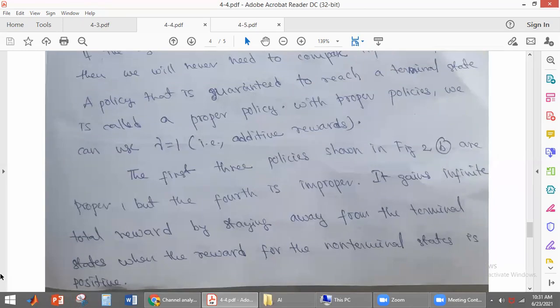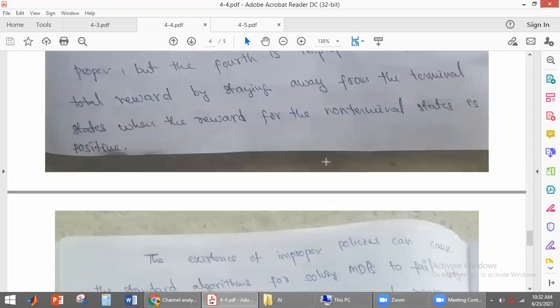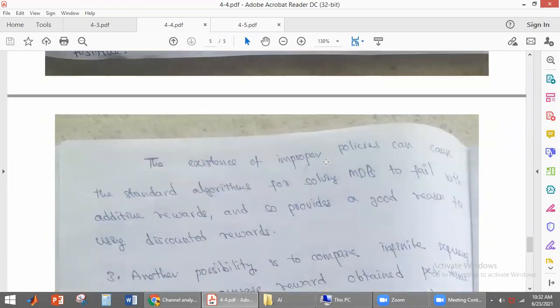In the case of an improper policy, what is an improper policy? The policy does not terminate at the terminal state, then it is called an improper policy. The reward it is receiving is infinite. For example, if an improper policy exists, in that case, the algorithms we are using for solving MDPs will fail with additive reward.